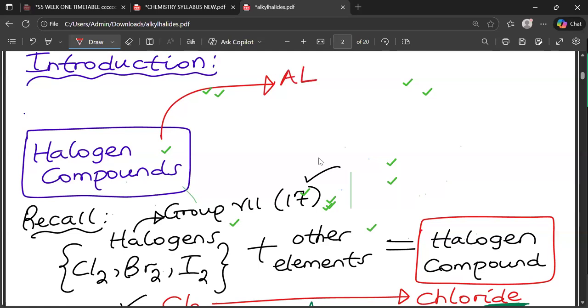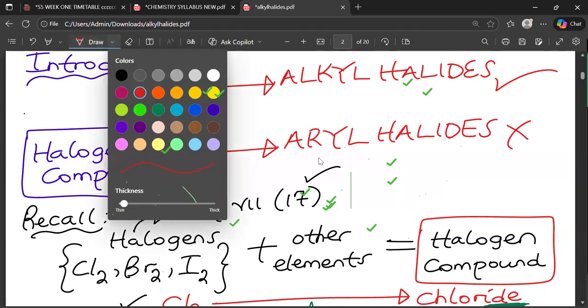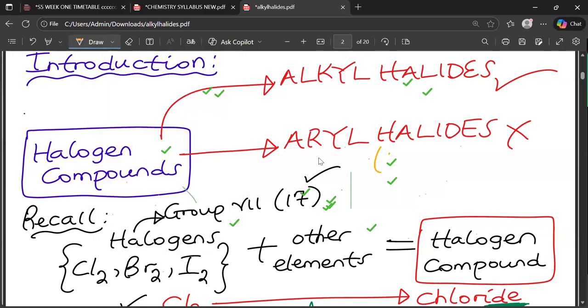We have alkyl halides, so this is where I had to start from, which you are supposed to cover. Then the other ones are the aryl halides, which we are not supposed to cover. Why? Maybe they wanted us to reserve it for benzene.